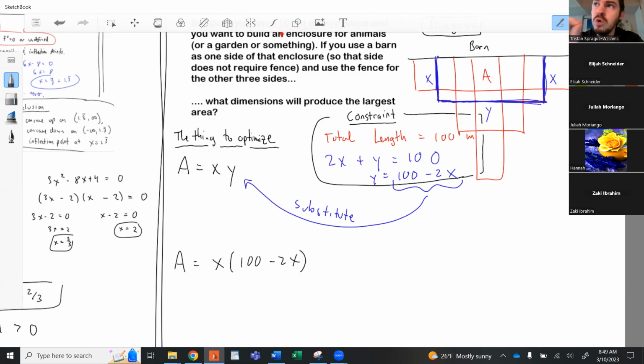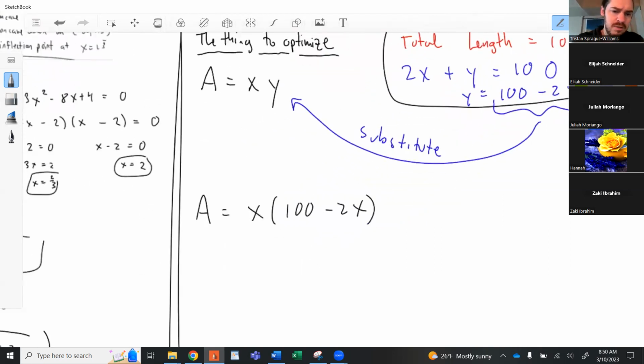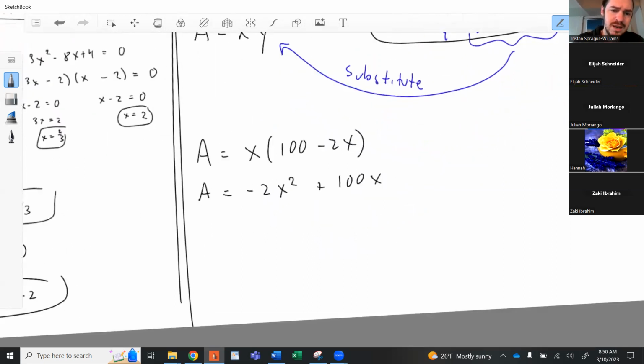This is using the constraint to simplify the function that you need to optimize. Now if I do a little algebra, it's negative 2x squared plus 100x. Now this is a function I can differentiate: A prime is negative 4x plus 100.